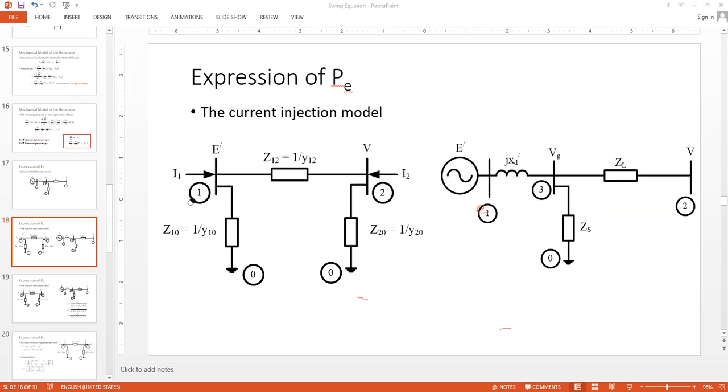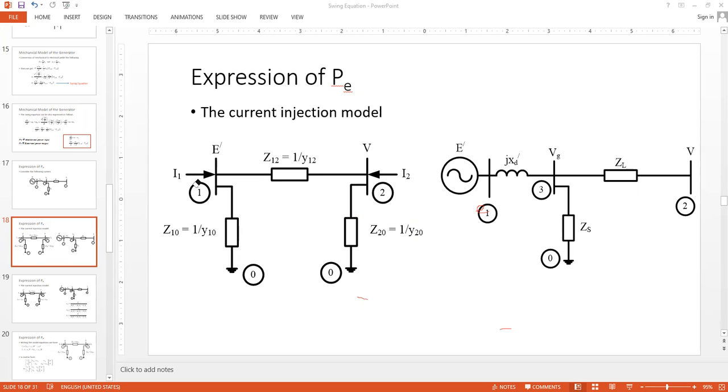In that case, the network would look like this after some manipulation. You see, you don't have node number 3 here on the left diagram. So what we have done here, first of all, is remove the voltage sources and replace them by the equivalent current sources. This is one thing.